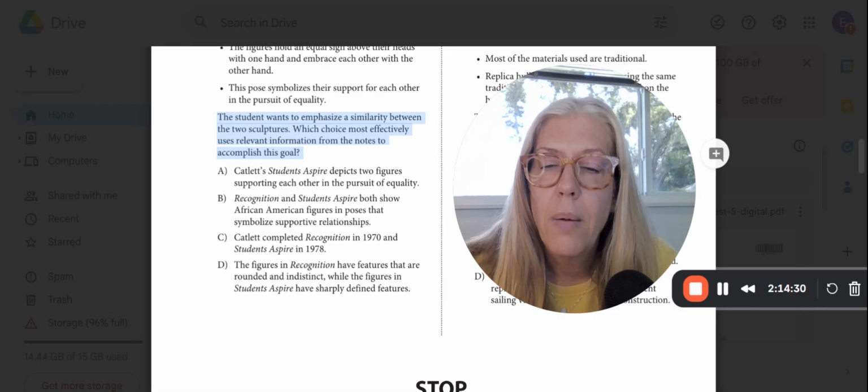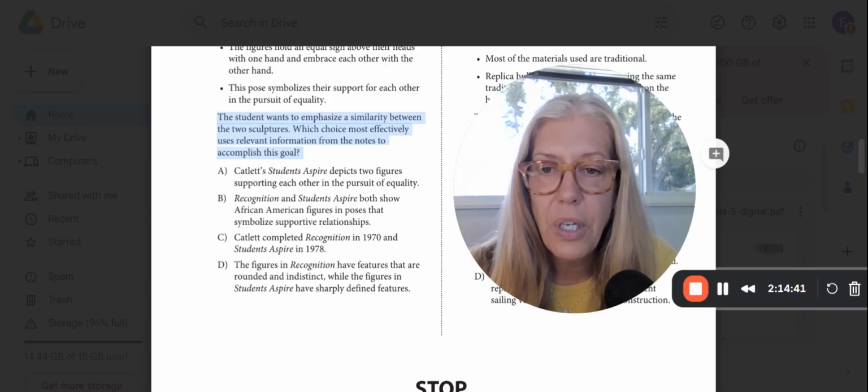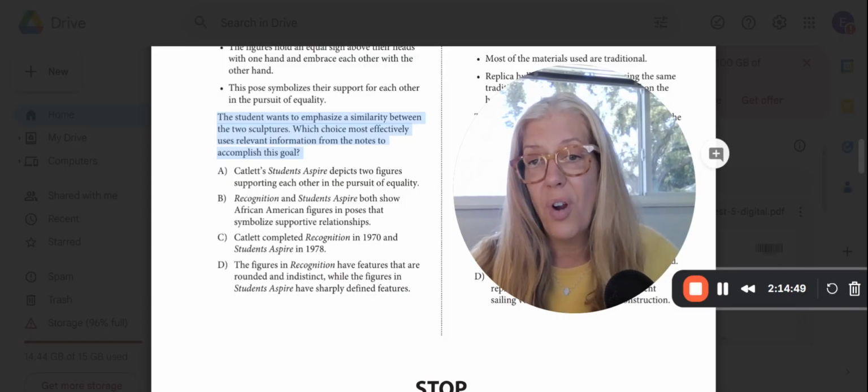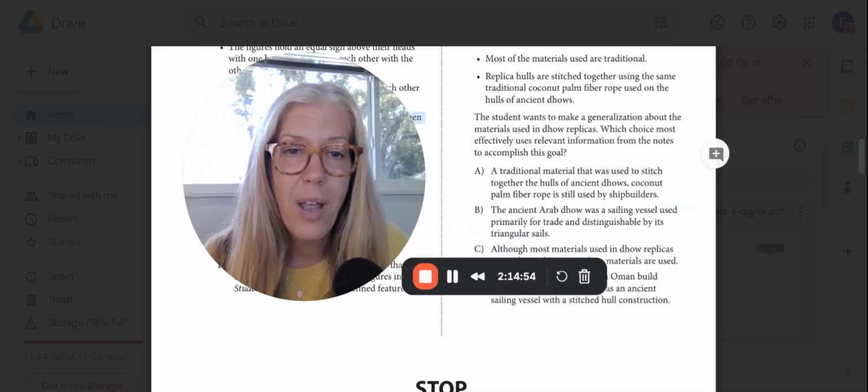C. Catlett completed Recognition in 1970, and Students Aspire in... that is not emphasizing the similarity. That's just when they were completed. And D. The figures in Recognition have features that are rounded and indistinct, while the features in Students Aspire have sharply defined features. That's the contrast. So B is the correct answer. We only have one more.